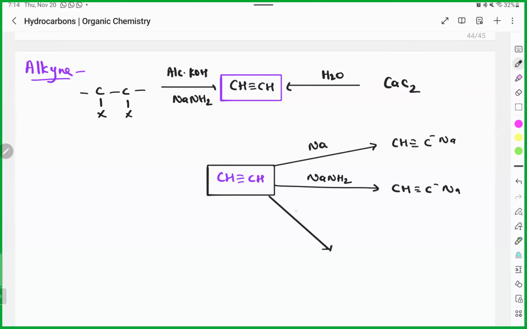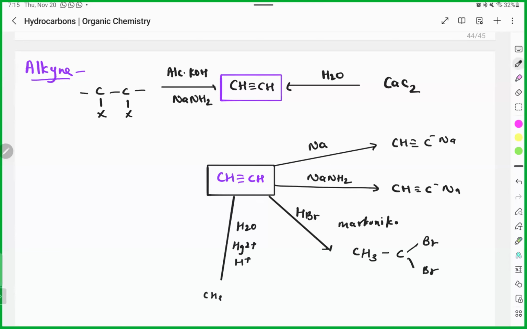If you add, for example, HBr 2 times, then what will happen? Both the halogens will be attached to the same carbon. Markovnikov rule. Then, if you add water, addition of water is special because you add mercury in acidic condition and tautomerization will happen. This will form CH2 double bond CHOH.